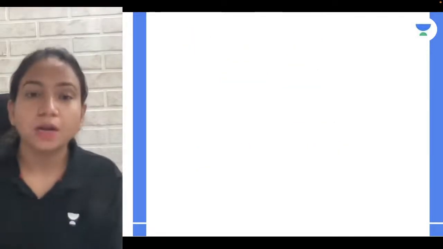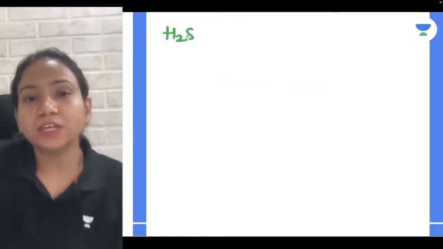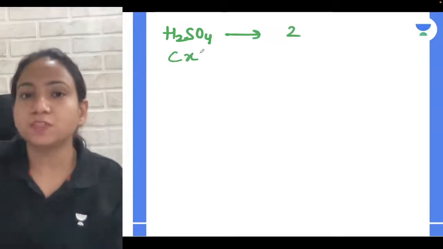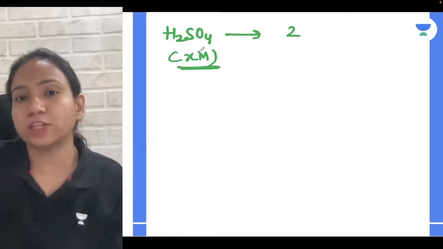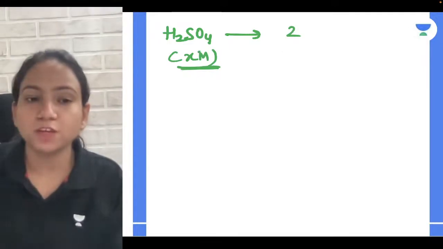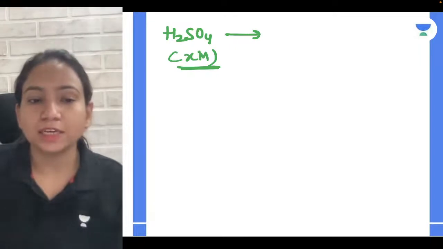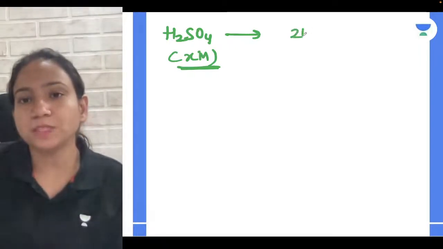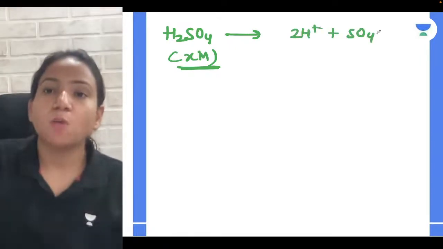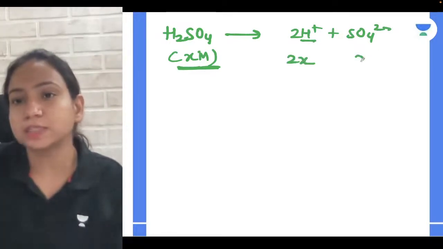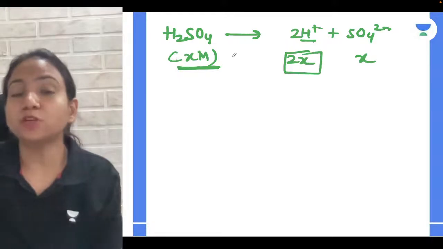So remember, depending upon how many ions it gives. Suppose they give you H2SO4 with X concentration. H2SO4 gives 2 H plus ions and 1 sulfate ion, correct? So the H plus concentration will be 2X and the sulfate will be X. So I'll be taking twice of it.